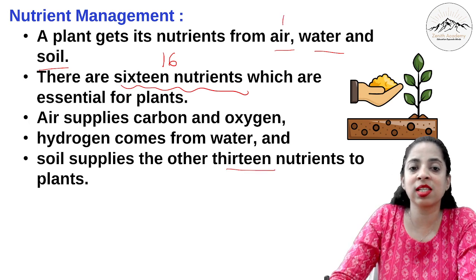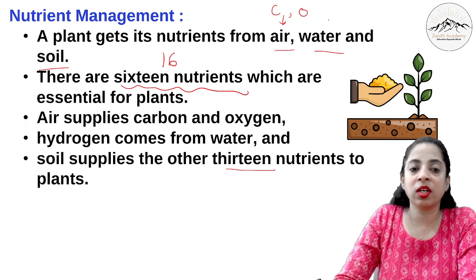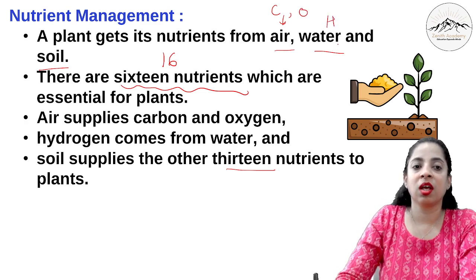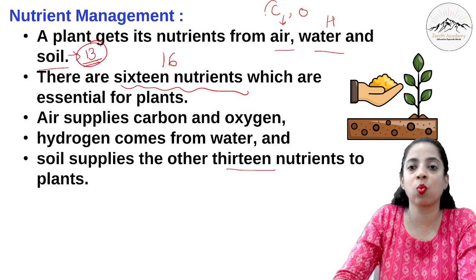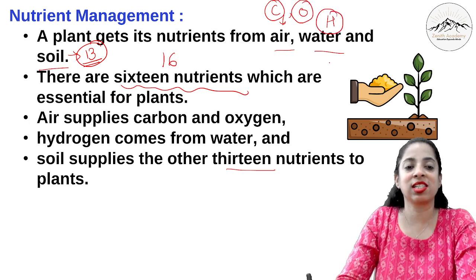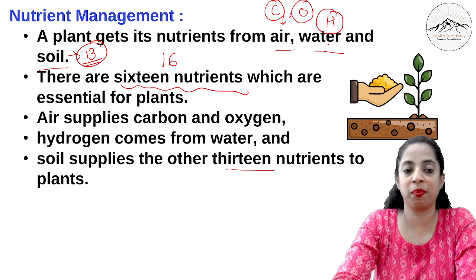So what is air supplying? Air is supplying carbon and oxygen, water is supplying hydrogen, and soil is supplying the remaining 13 nutrients. So total 13 plus 1, 14 plus 1, 15 and 1, 16. Total 16 nutrients which are essential for plants.